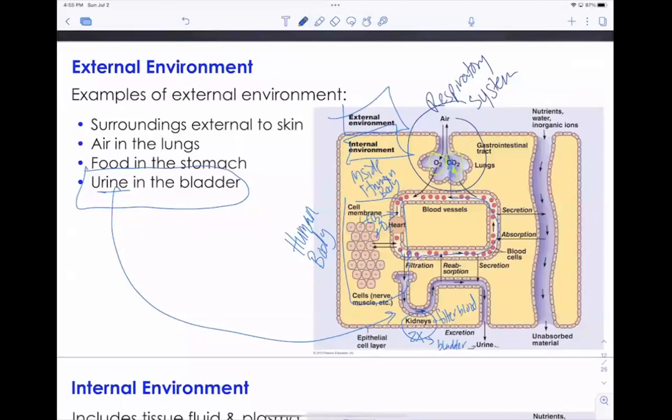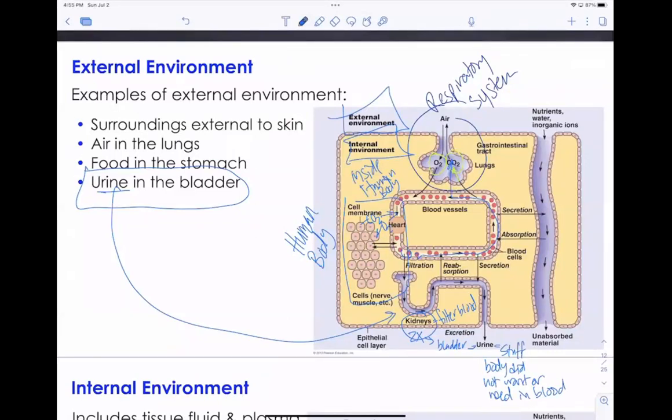What urine is, is stuff you did not want or need in your blood. So each kidney has hundreds of thousands of nephrons that are filtering little portions of the blood. And in total, all of the nephrons in both kidneys are filtering your blood throughout the day, 24-hour cycle.